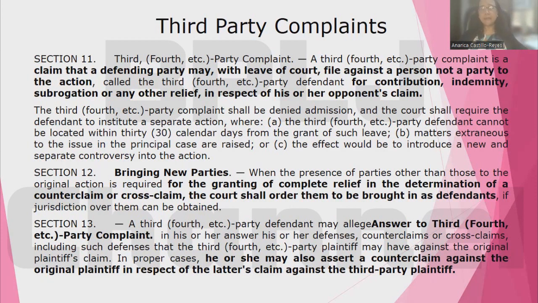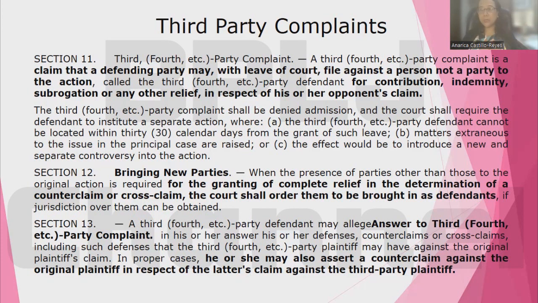It is a claim that a defending party may, with leave of court, file against a person not a party to the action for contribution, indemnity, subrogation, or any other relief in respect to his opponent's claim. You must remember that with respect to filing of third-party complaints, it is always with leave of court.